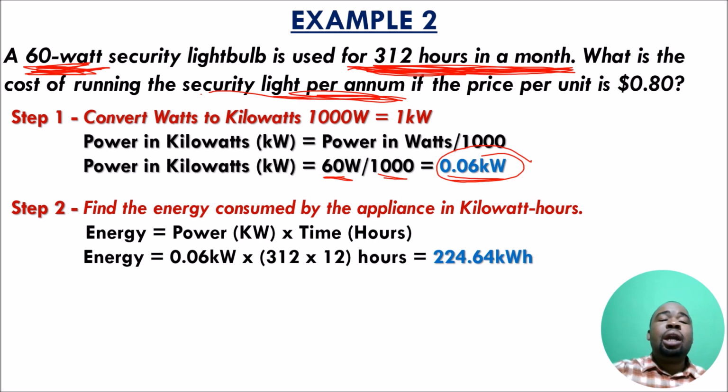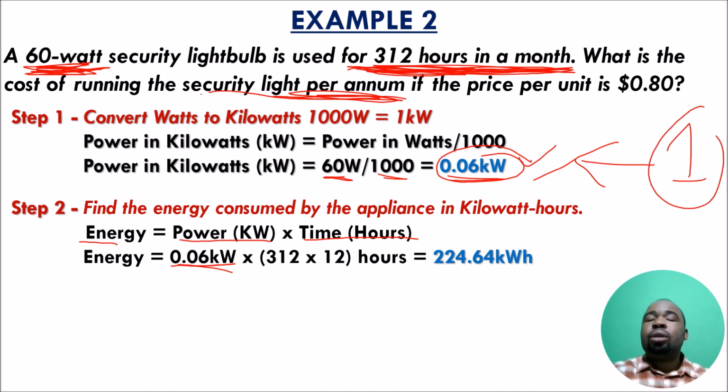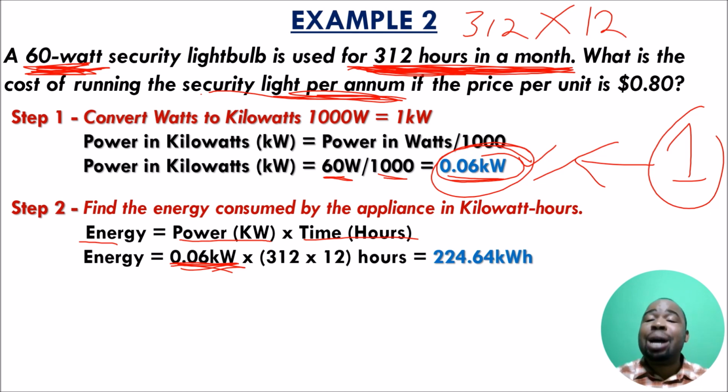We are going to say electrical energy is power in kilowatts times time in hours. Where are we going to get our power in kilowatts? We calculated it here on step number 1. So we take the 0.06 kilowatts, we put it on the power in kilowatts. The time they said is 312 hours per month, but we are looking for the cost per annum, and we know that an annum has 12 months, it's a year, which is times 12 months.